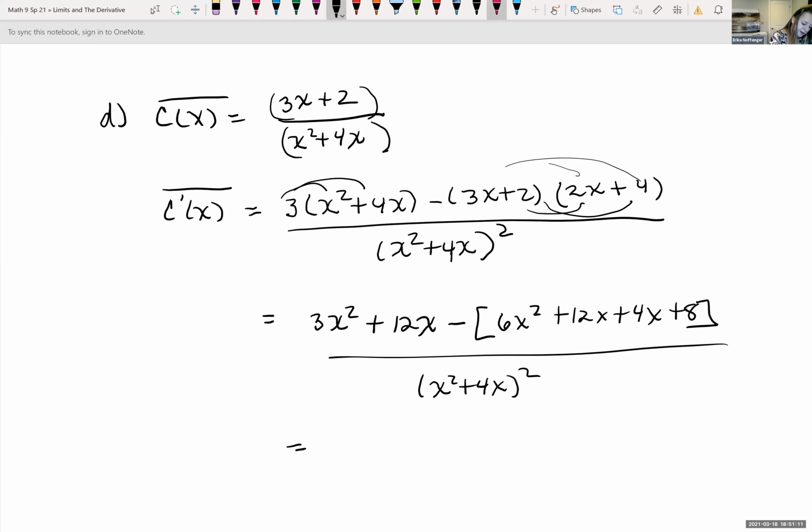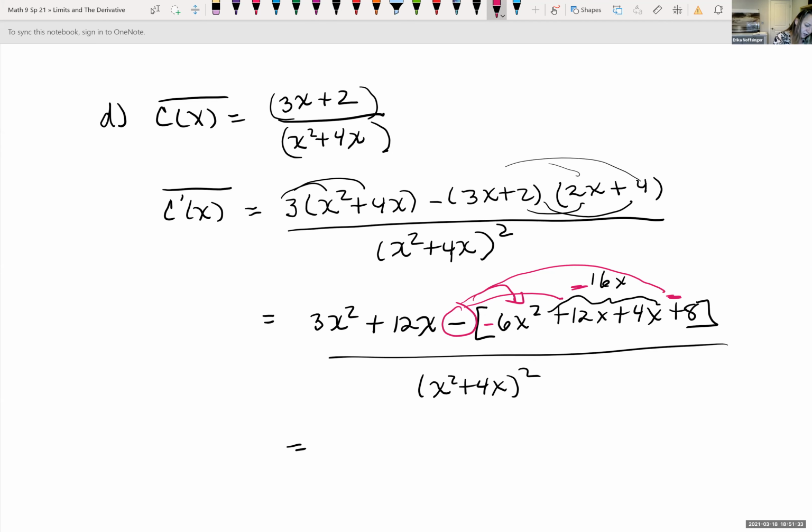If I distribute my negative and start combining like terms, right here my two middle terms, 12x plus 4x is 16x. So it's going to be a minus when I distribute it. This is going to be a minus 16x, and this is going to be a minus 8.